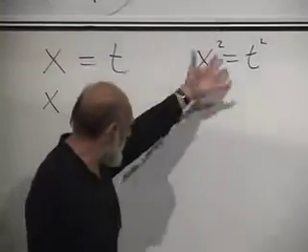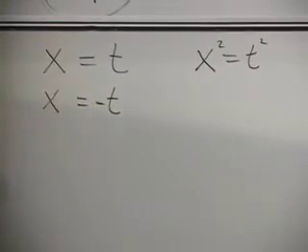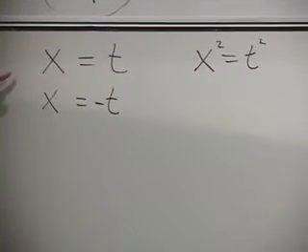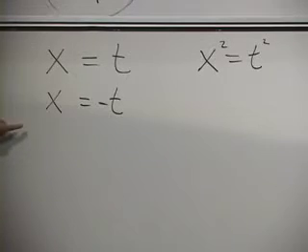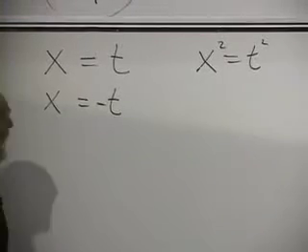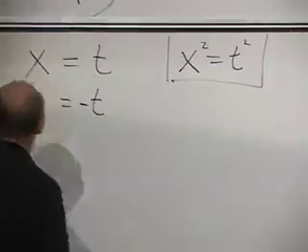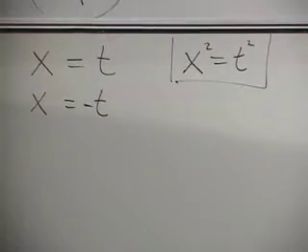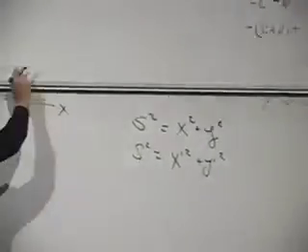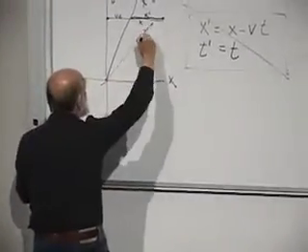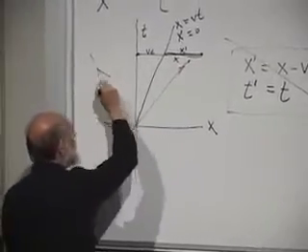The two square roots. In other words, this equation here is a necessary and sufficient condition for describing the motion of a light ray either to the right or to the left.